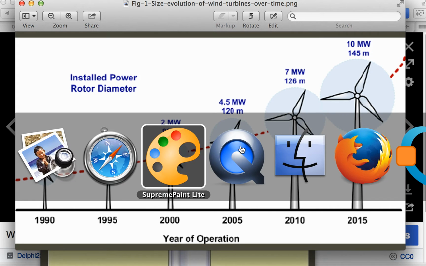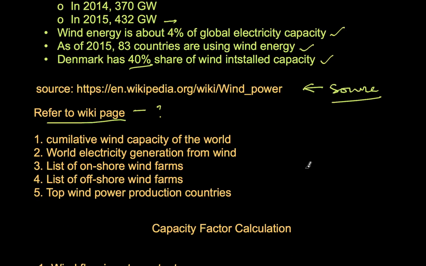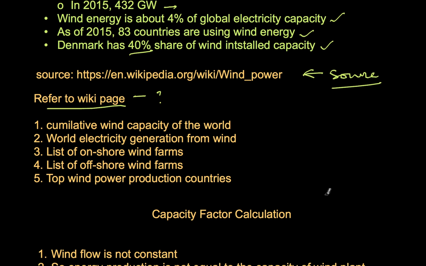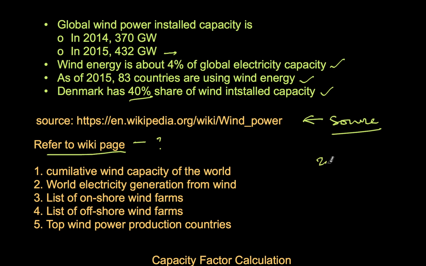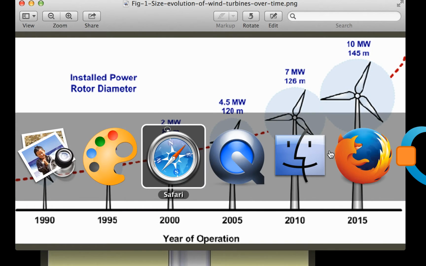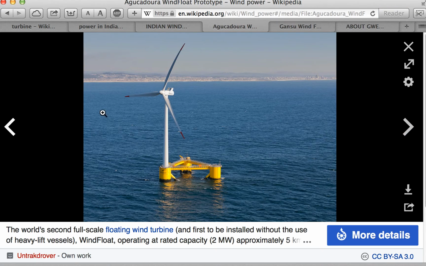Okay, let me write it down. That's the capacity calculation I wanted to show. In 2012, the world generated 520 terawatt hours, all countries put together. But what was the capacity in 2012?